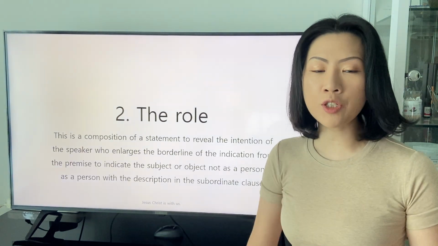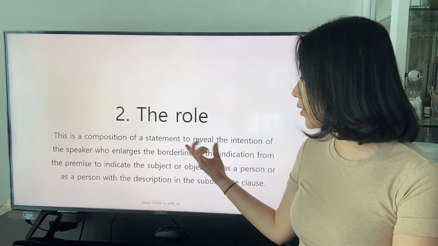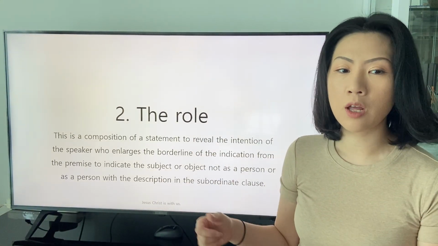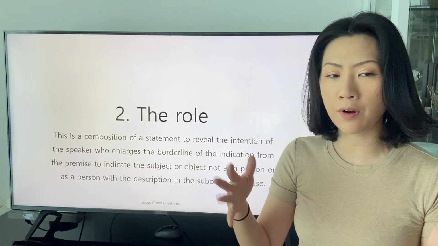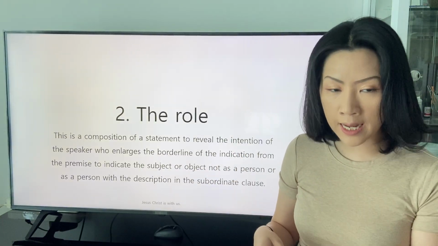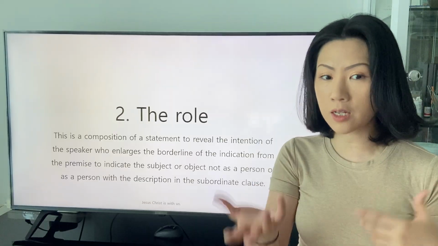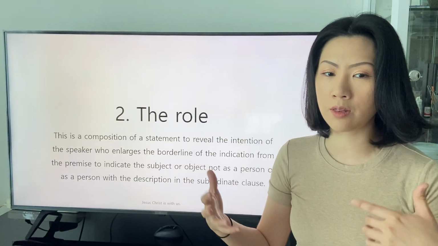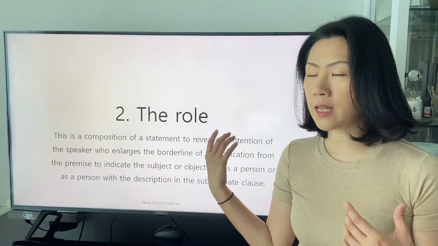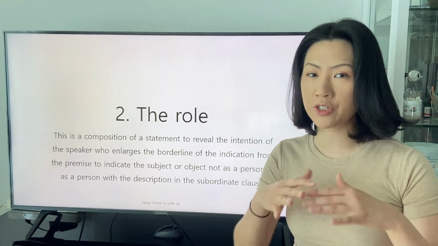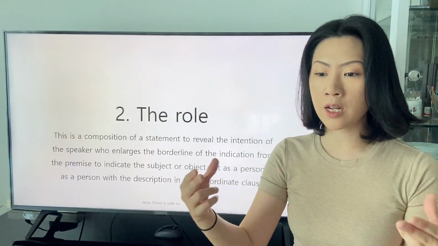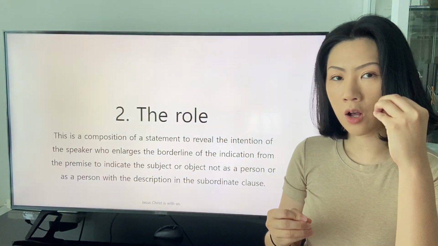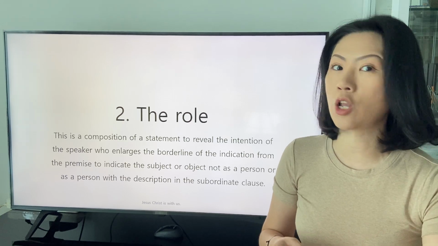This is a composition of a statement to reveal the intent of the speaker who enlarges the borderline of the indication from the premise to indicate the subject or object, not as a person or as a person without description in the subordinate clause. This tells us that the speaker differentiates the indication for a person from a subject or an object that is not a person.